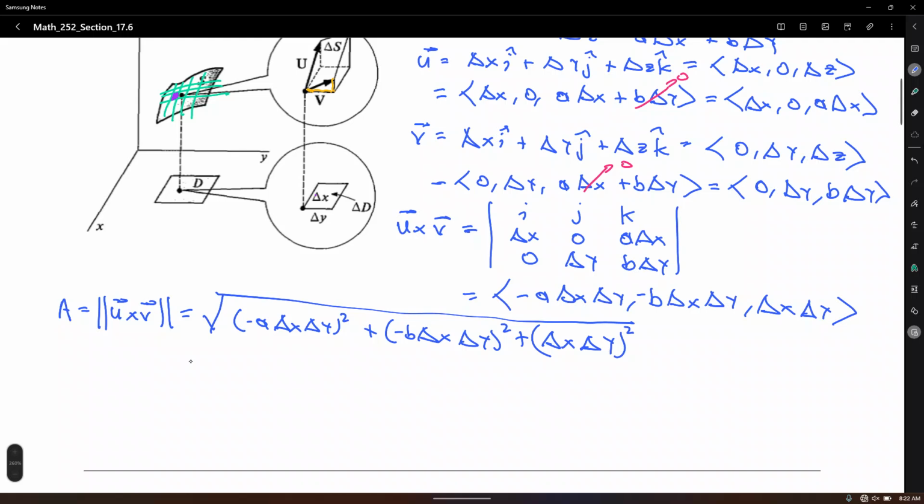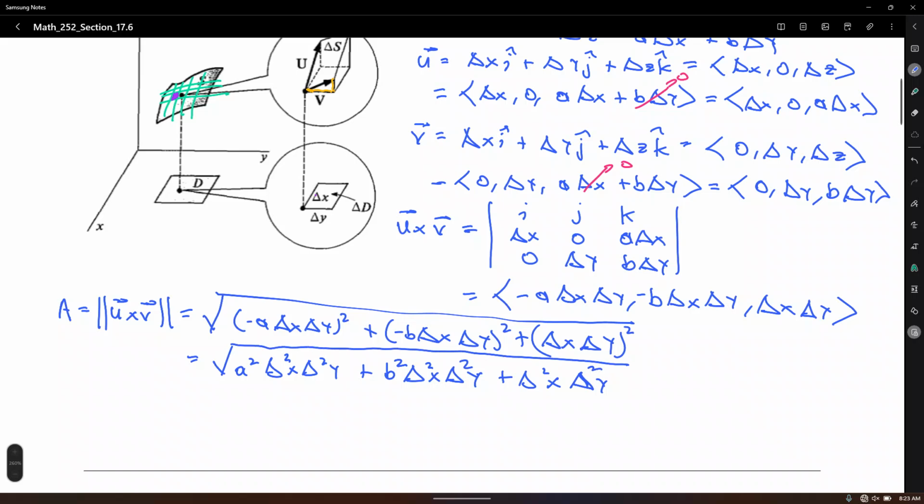So that is the square root of a squared delta squared x delta squared y plus b squared delta squared x delta squared y plus delta squared x delta squared y.